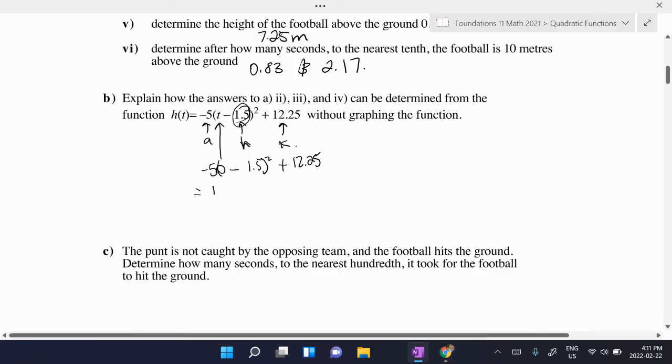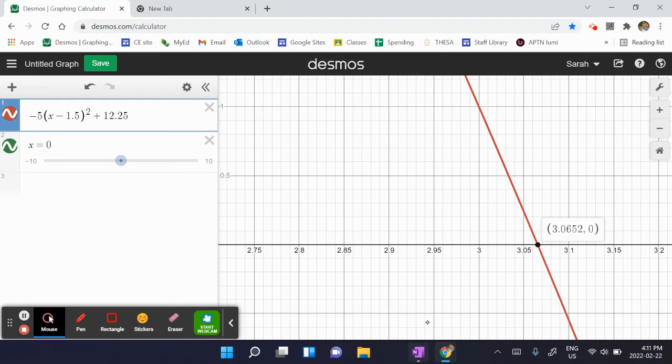They're looking for the nearest hundredth, so 3.07.